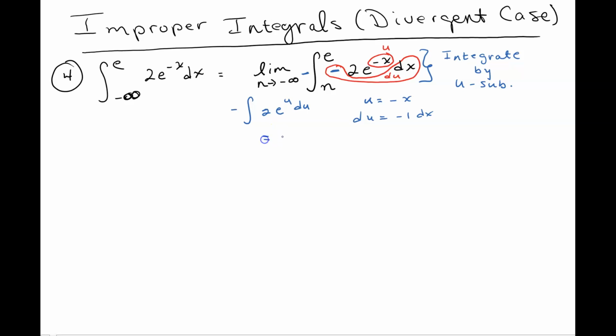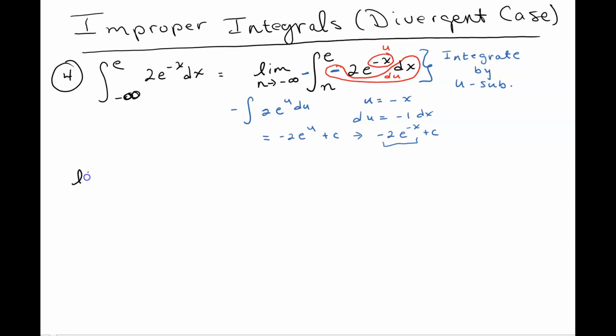That just works out to be a negative 2 e to the u plus c. Really nothing to it. So we come back and say that's just negative 2 e to the minus x plus c. Of course, this is the indefinite integral case. We're going to use this result for our actual integral that we are working with.